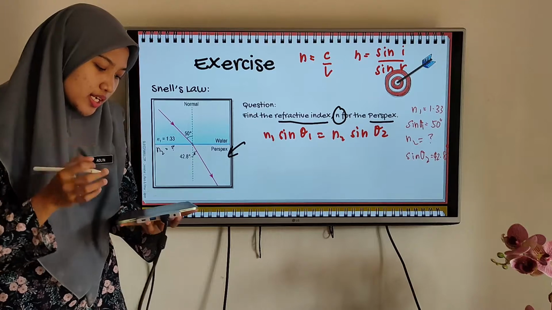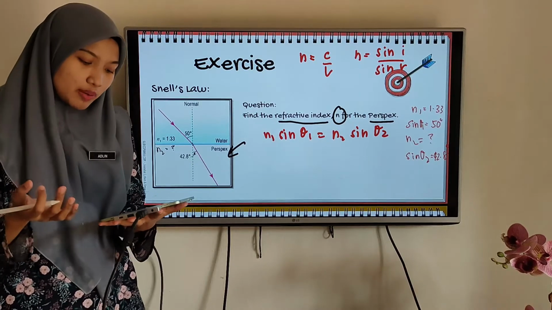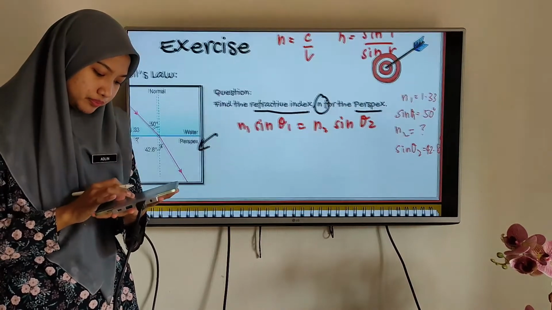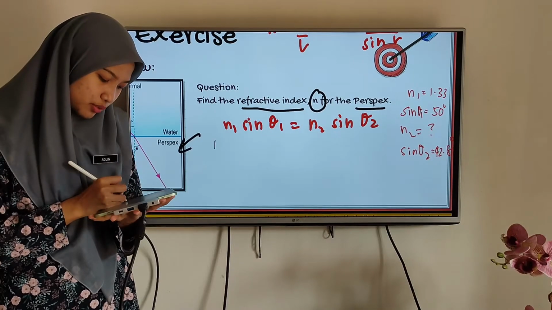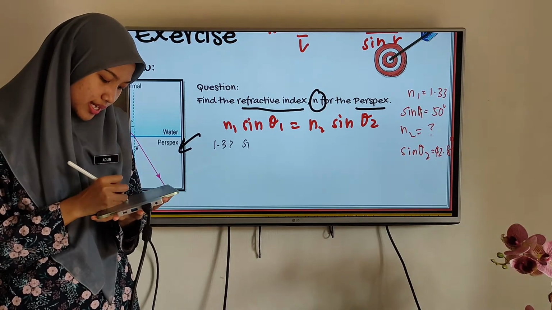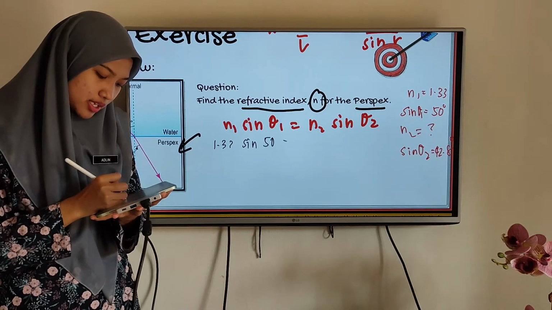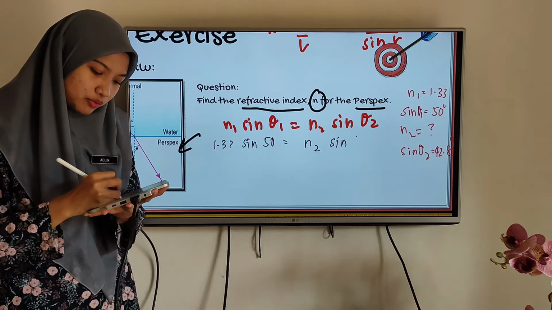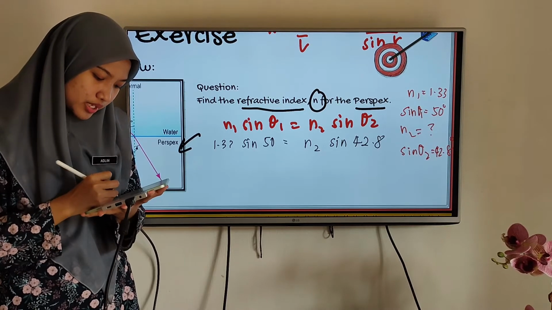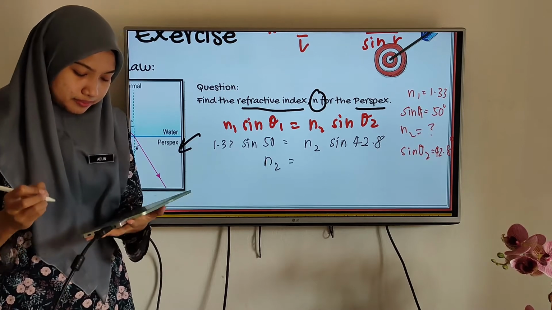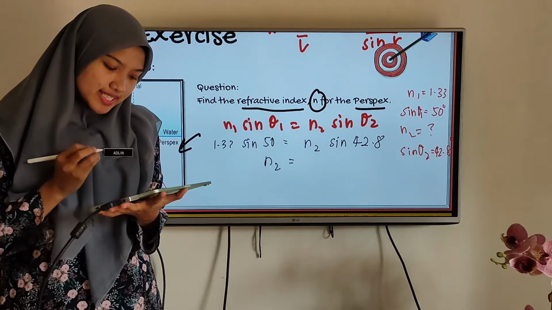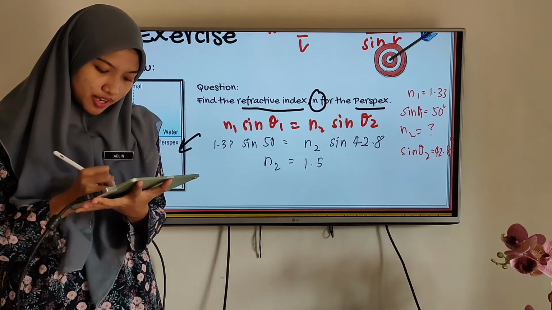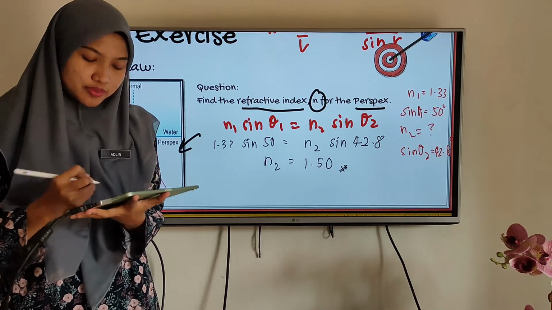Put all the information into the formula. n1 is 1.33, sine theta 1 is 50, equal to n2, what we find, sine theta 2 is 42.8. So the answer is 1.50.